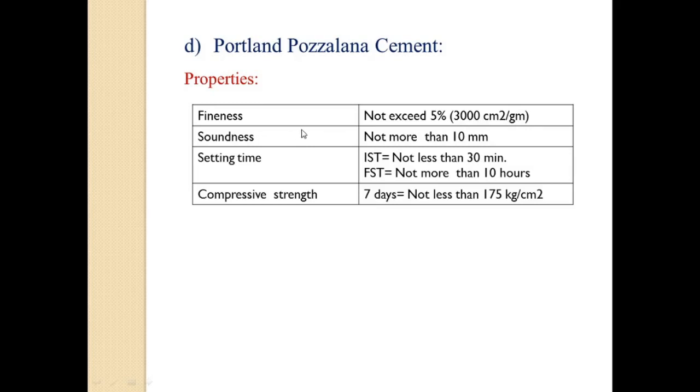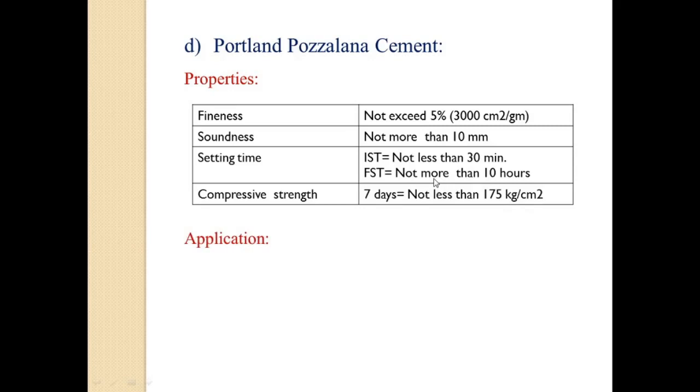Soundness: it should not have an expansion of more than 10 mm. Setting time: initial setting time should not be less than 30 minutes, and final setting time should not be more than 10 hours, that is 600 minutes. The compressive strength after 7 days should not be less than 175 kg per centimeter square.